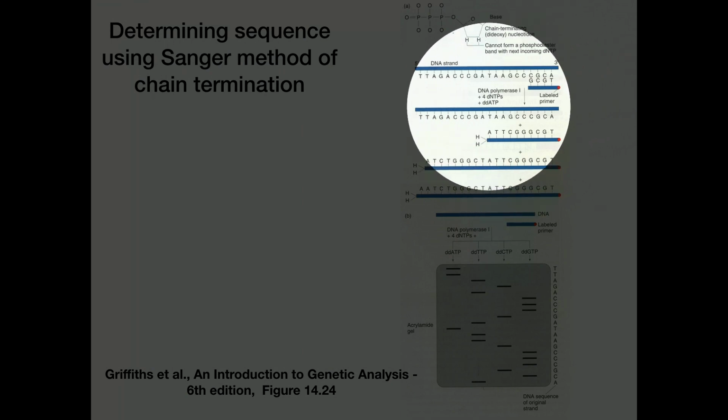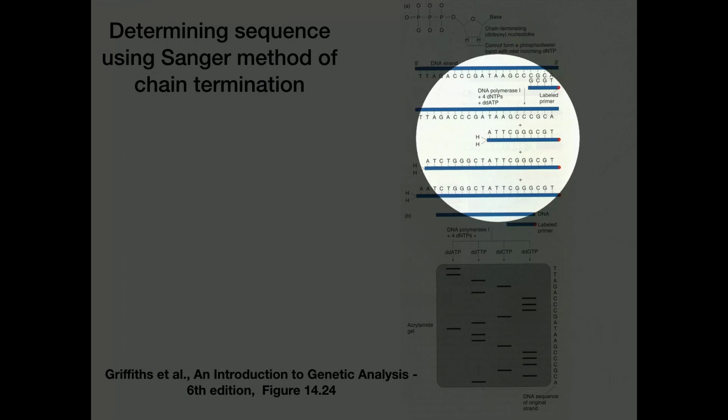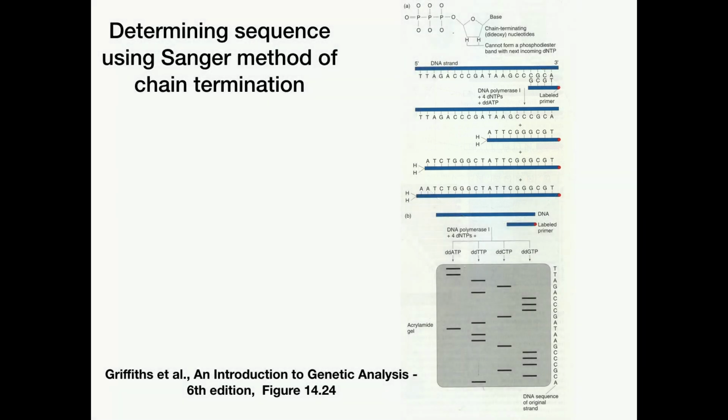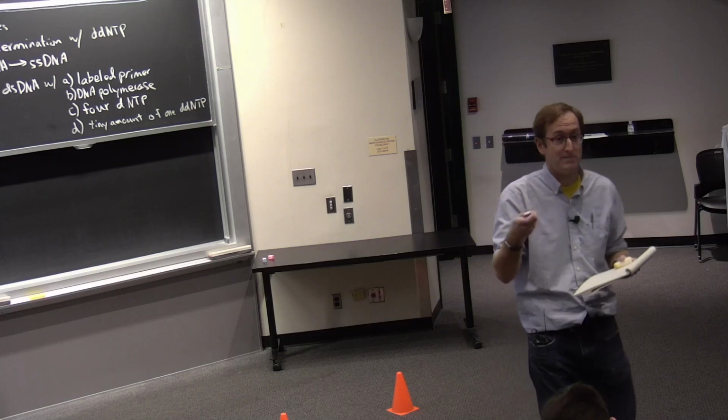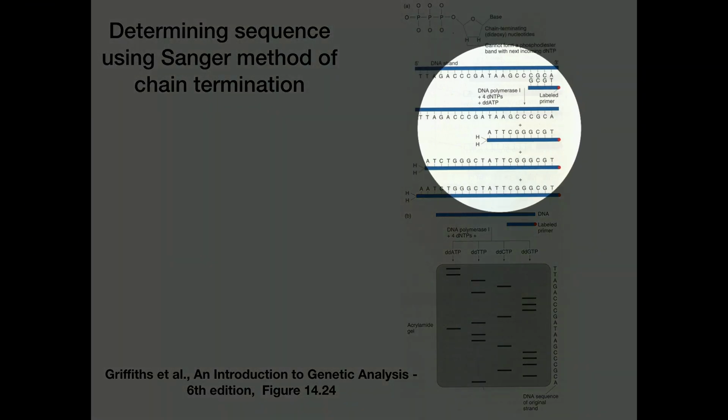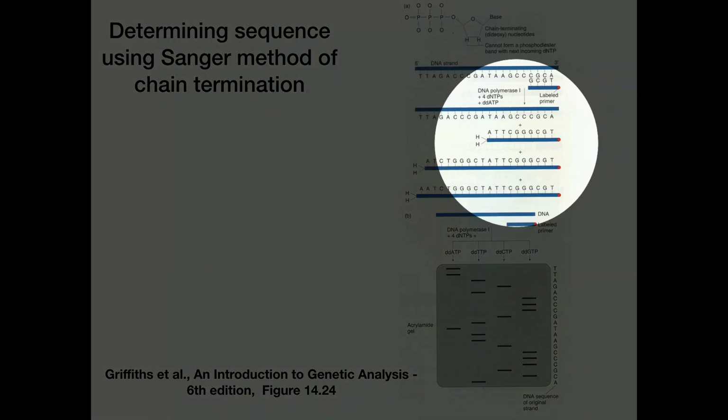Then polymerase will elongate this strand until there's a thymidine on the template. And then there's a possibility that it will incorporate this dideoxy NTP. And if it does, then you get chain termination and you get a fragment of this length.